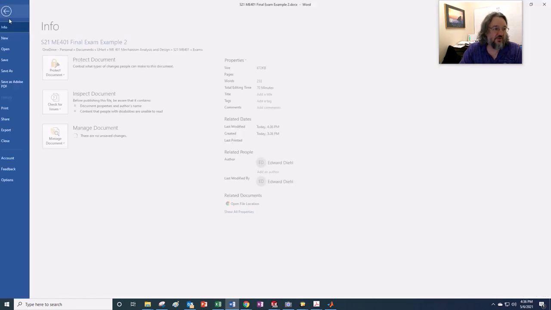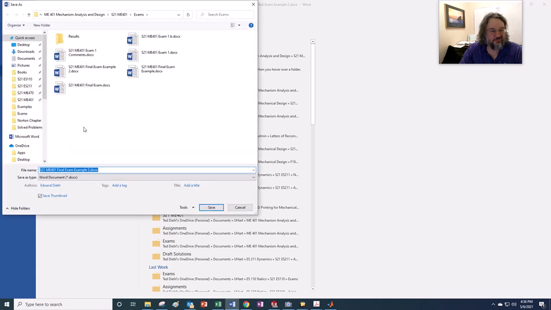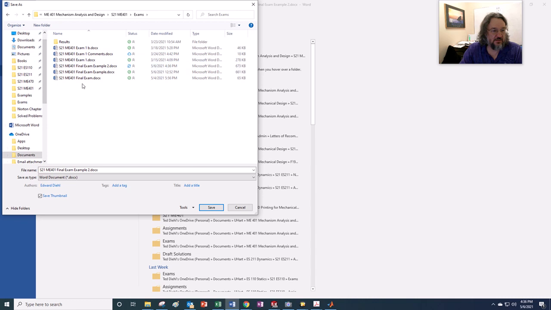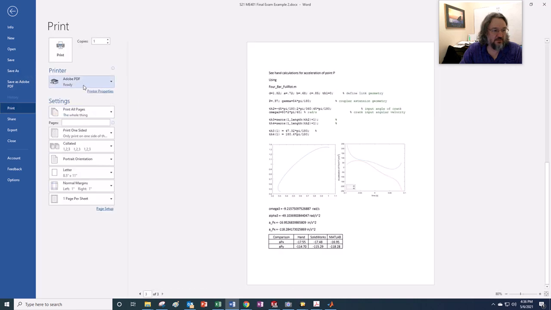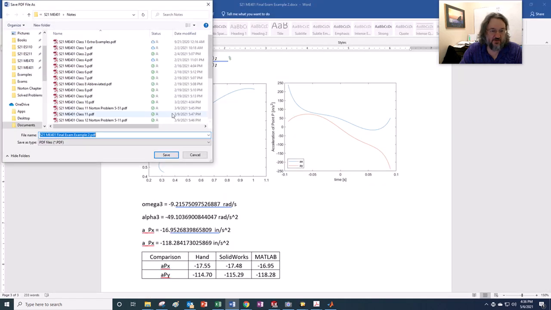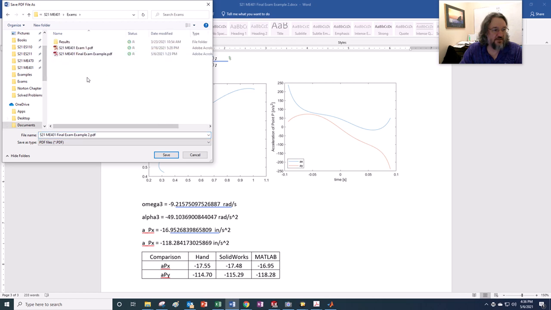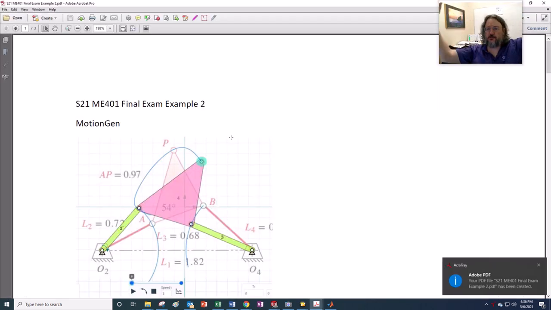But if you're not familiar with the code, and I coded a little bit, maybe I gotta update that other one. Yeah, maybe I'll do it. Anyway, let's take a look, and I'm saving as. I don't want to save as. I want to print as a PDF, and we'll send it to my exams and example 2, and then you upload it. And have a good summer. We're done. Excellent.